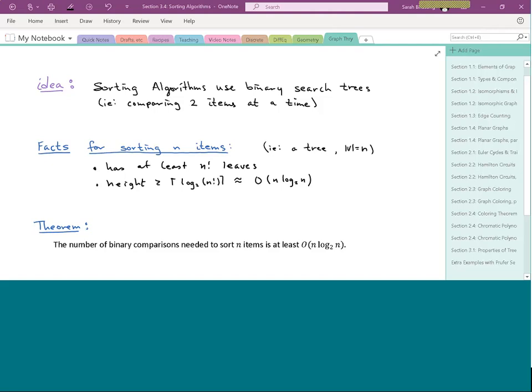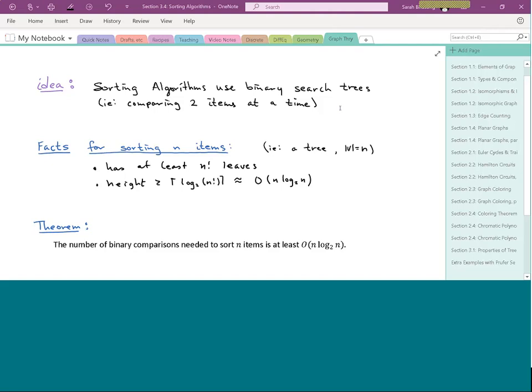So in terms of the stuff that we're looking at, we are looking at where we compare two items of our list of items at a time in terms of actually building a binary search tree that corresponds to looking at two items at a time, so the behind-the-scenes stuff, whether you actually build this tree or not.